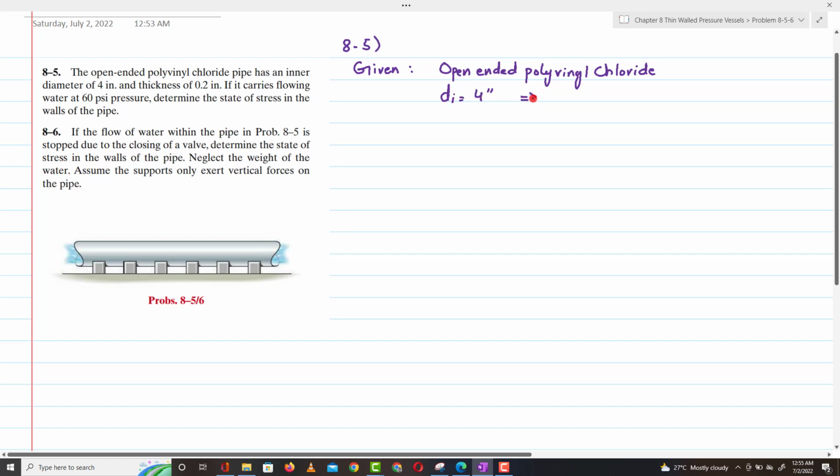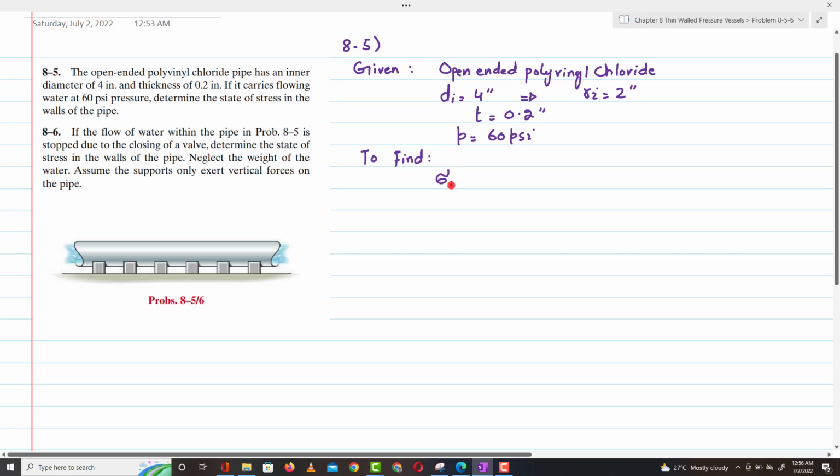So from this inner diameter we can get inner radius, which is equal to 2 inch, because di divided by 2 is equal to 4 divided by 2, which is equal to 2 inch. Clear. Thickness is given as 0.2 inch, clear, and pressure of water that is flowing inside the pipe is 60 psi.